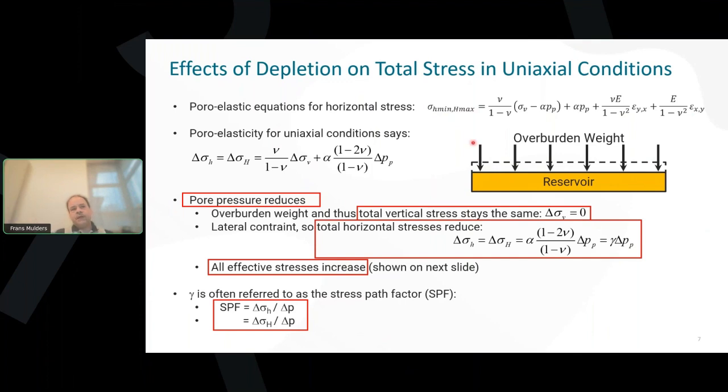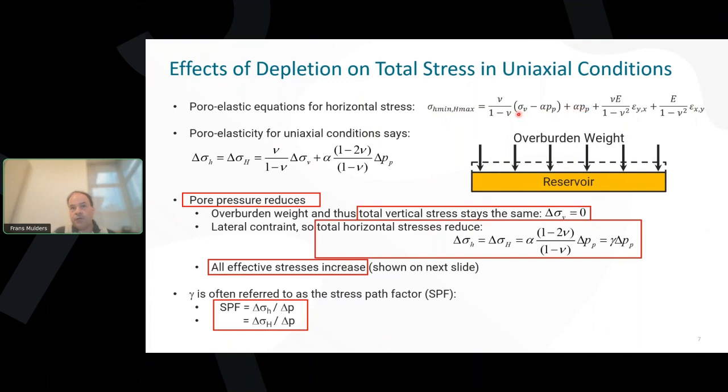So when you then say, okay, my horizontal deformations, my horizontal strains, are 0, in this equation you put epsilon 0. What will be your delta sigma h, your change in horizontal total stress? Well, that is all of these elastic properties times the change in total vertical stress minus the Biot factor times the change in pore pressure plus a pore pressure change term.